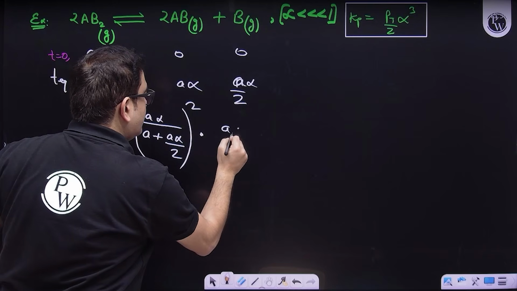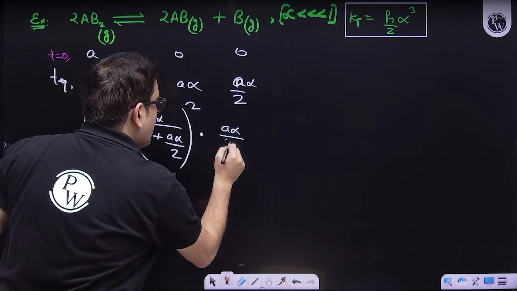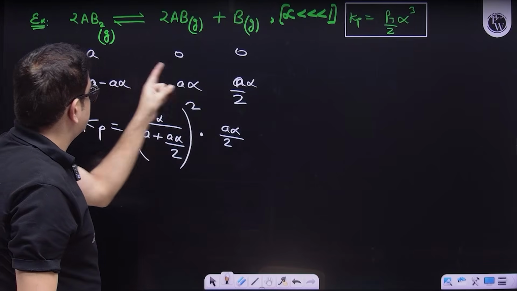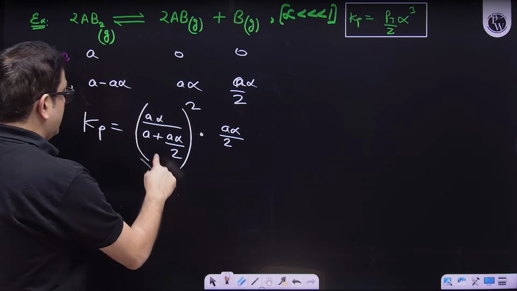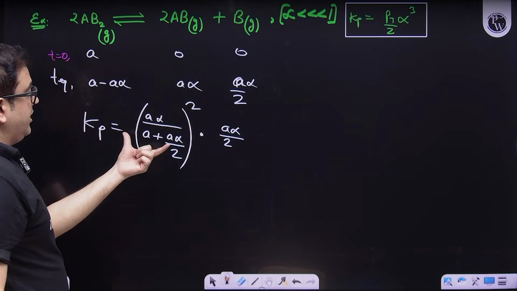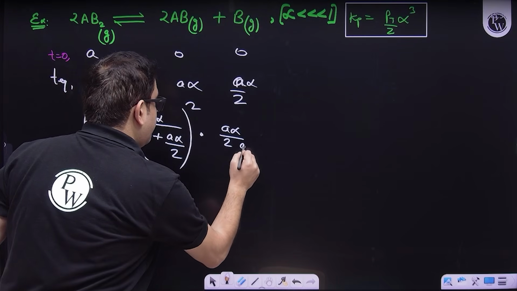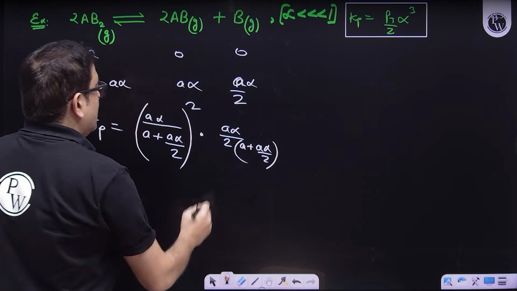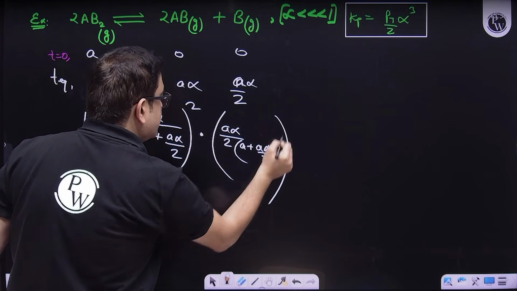A alpha by 2 upon what is total pressure? So this total moles, this plus this plus this, and this got cancelled. So again this denominator will be the same, A plus A alpha upon 2, raised to the power, sir, 1.